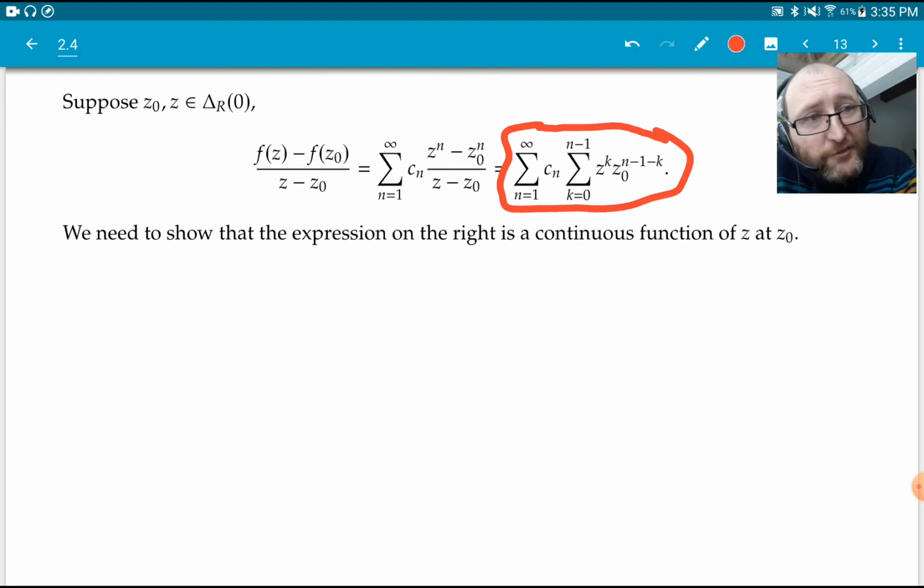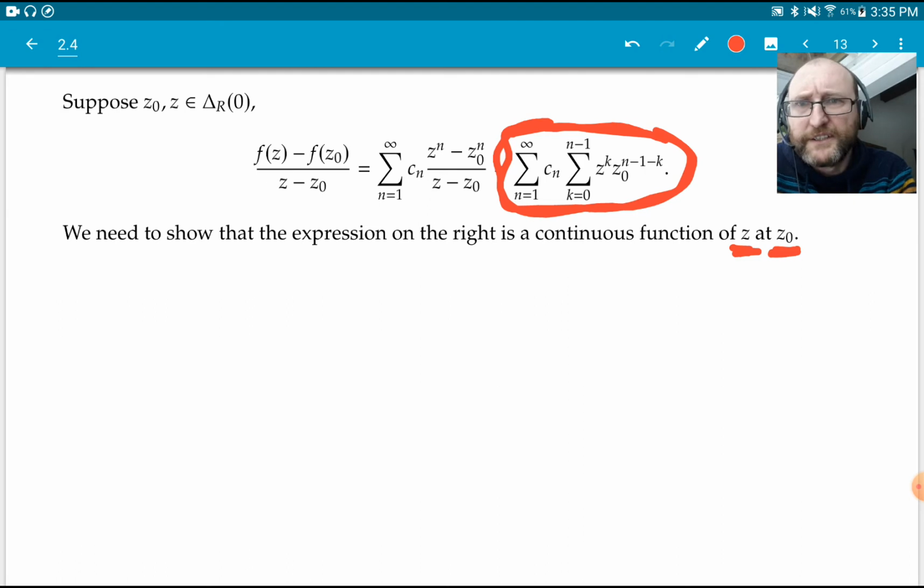If we can show that the partial sums converge uniformly in z in some neighborhood of z naught, then, since a uniform limit of continuous functions is continuous, the whole thing would be a continuous function of z in a neighborhood of z naught, and we could just take the limit as z goes to z naught.